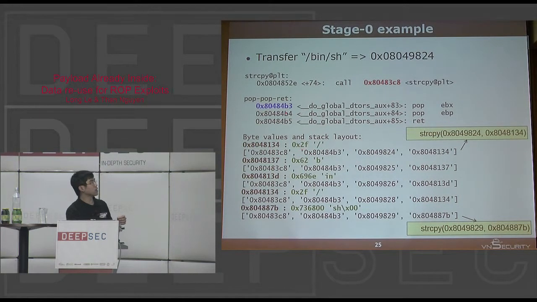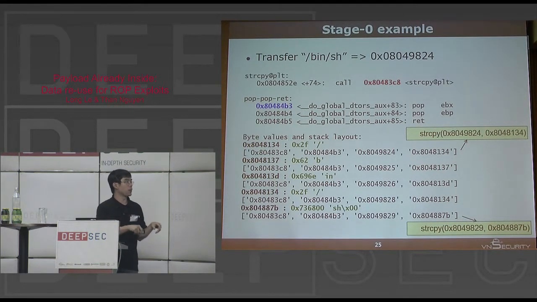The B3 is actually the pop register gadget, which is the gadget for loading registers, and this one is the PLT entry of strcpy. I keep generating this until it's finished. So the state 1 payload is already copied into the new stack.